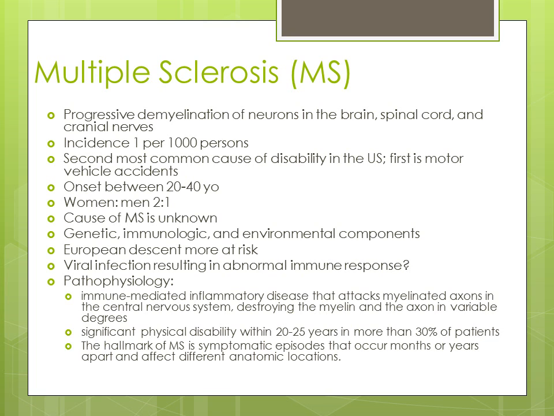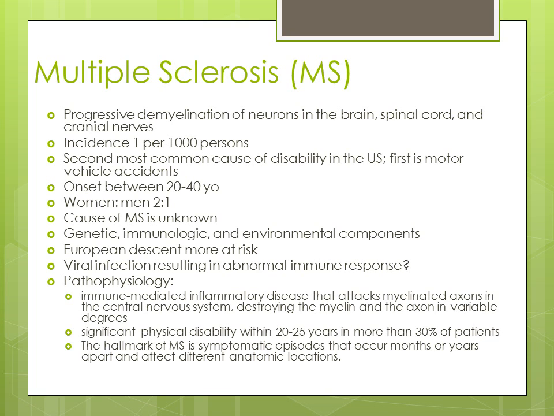And so basically what happens is there's an immune-mediated inflammatory response that attacks the myelinated axons. So this is a demyelinating disorder, but it's not a peripheral nervous system disorder. It's a central nervous system disorder.